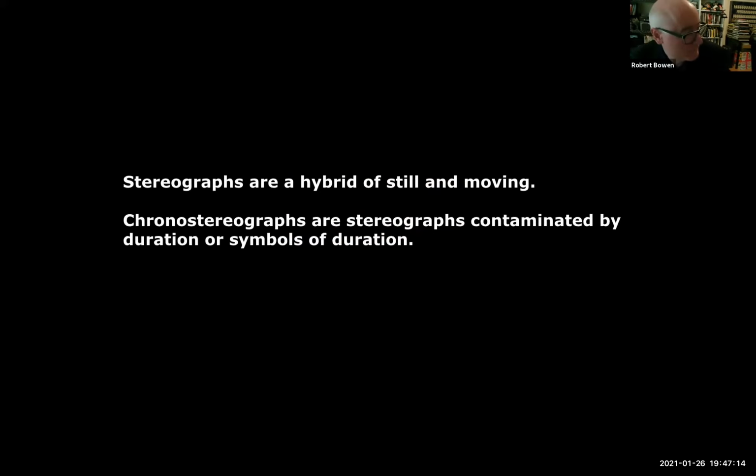I'm going to say that a stereograph, a stereo image made up of two pictures or two sequences of pictures, is a hybrid of still and moving. Here I'm talking about a 19th century stereograph.